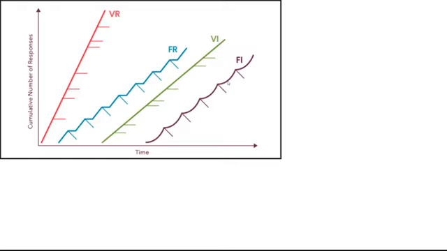So for our variable ratio line, we see that it's a straight line. And it's fairly steep, and this kind of makes sense. The rate that they get food at is completely dependent on how quickly they press that lever. But also, they don't know when, after they receive food, they'll get their next exposure to food.